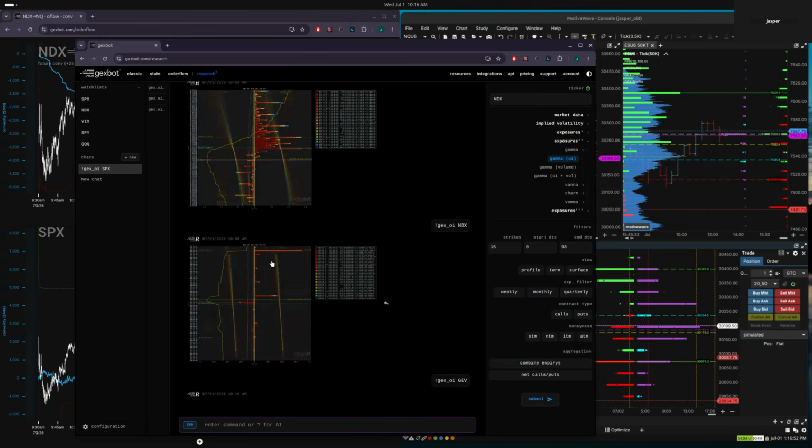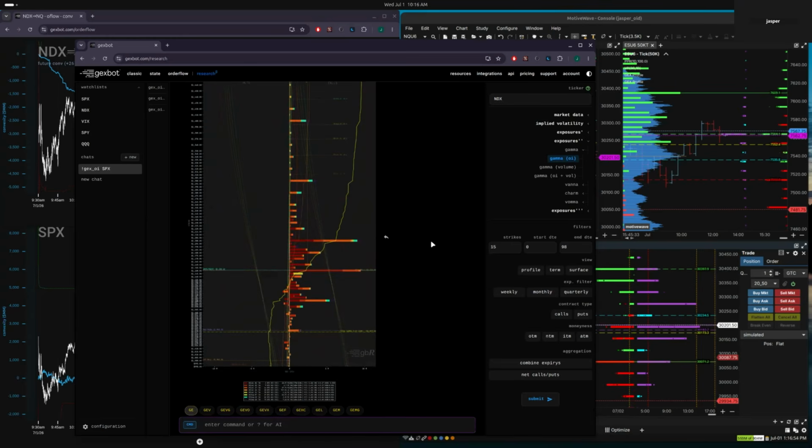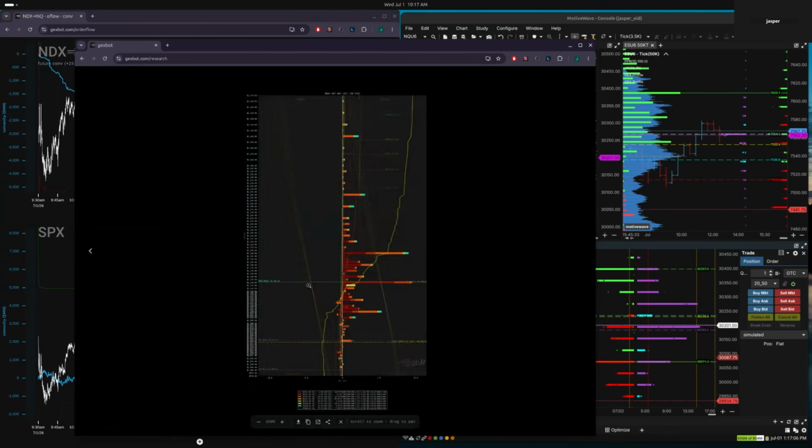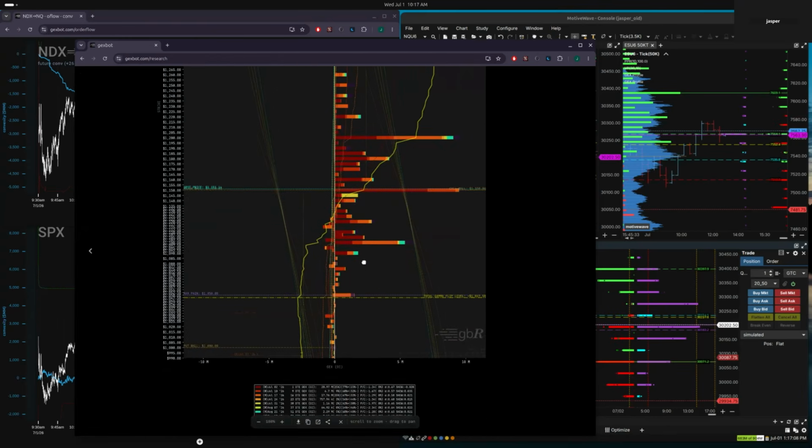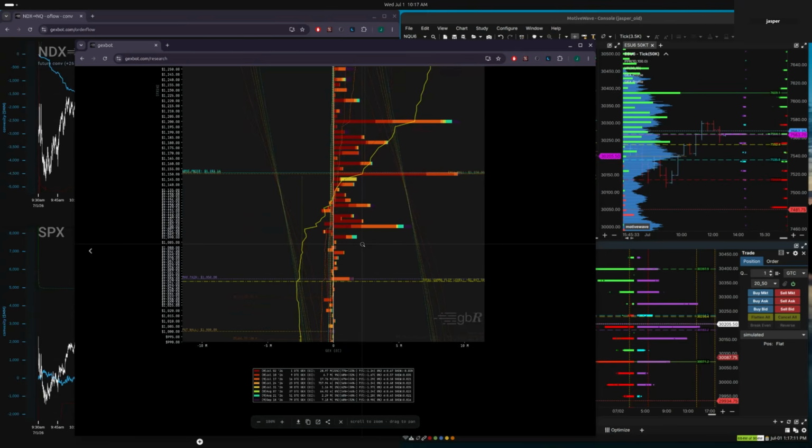If I'm looking at GEV and I want to swing contracts into the end of the year, or even just take monthlies, then I can do something quite similar to how I was doing for NDX and SPX.